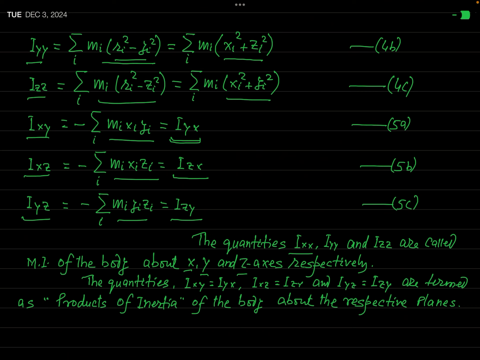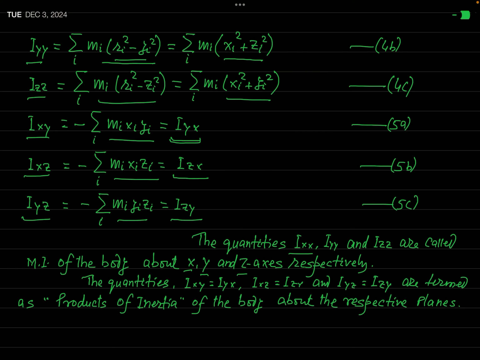But what are these Ixy, Ixz and Iyz? And Ixy is also equal to Iyx. Actually, there are six quantities here, although due to this symmetry there are only three distinct values, but the total number of quantities is 6.